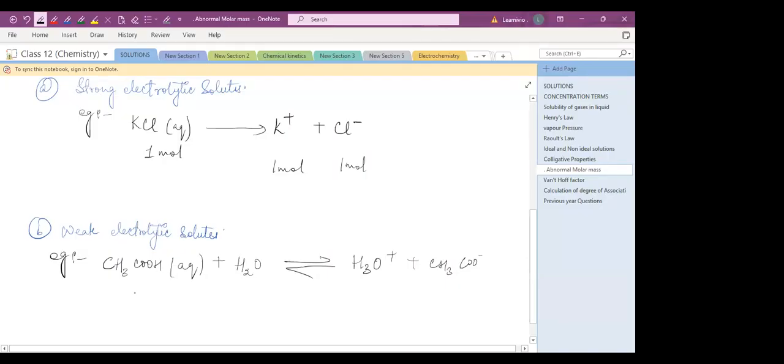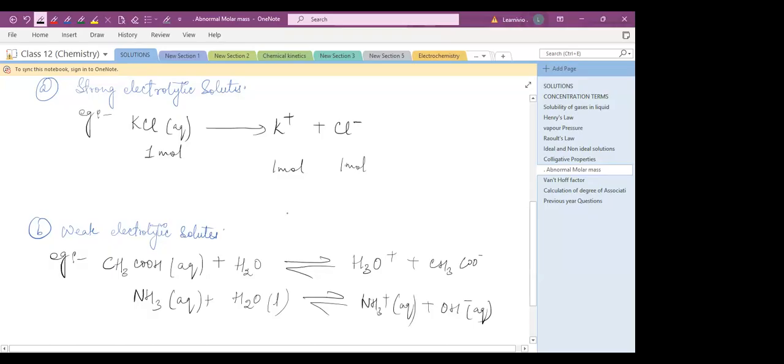Another example, ammonia. When you take ammonia and put some water in it, it will dissociate to form NH4 plus ion plus OH minus ion in aqueous phase.